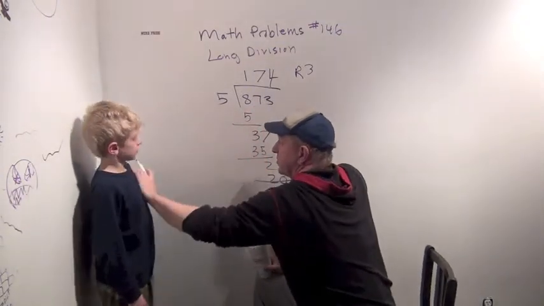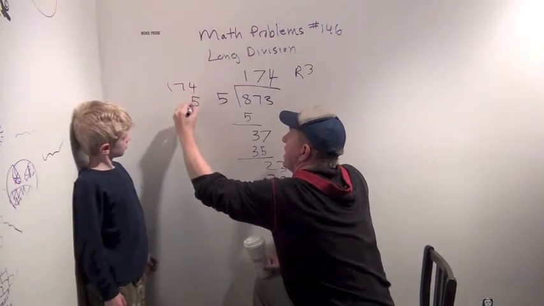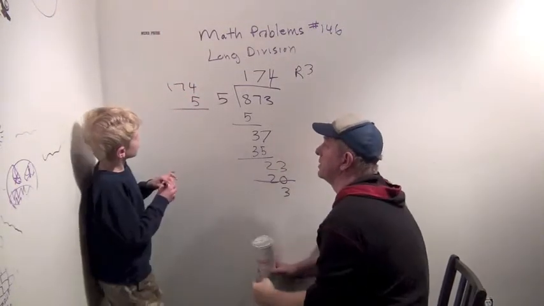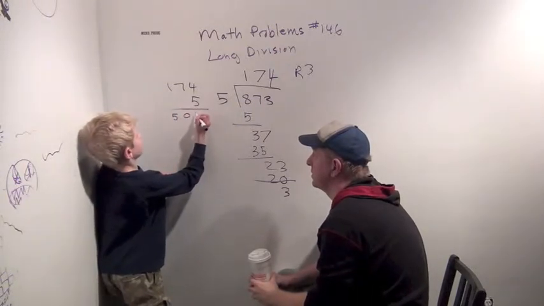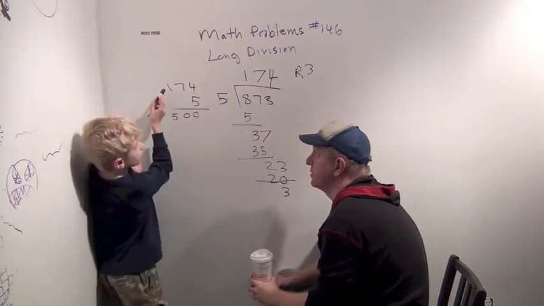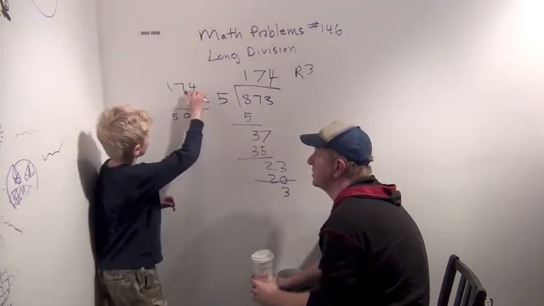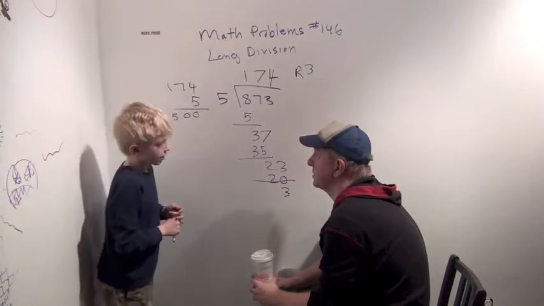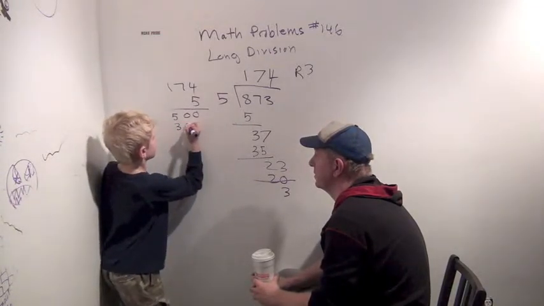So I want you to do it over here. Kind of smush yourself up against the wall, and we'll do 174 times 5, and let's see what we get. Well, this here is 500. Where did the 500 come from? It's this 100 times 5. Then this is 70 times 5, which is 350.